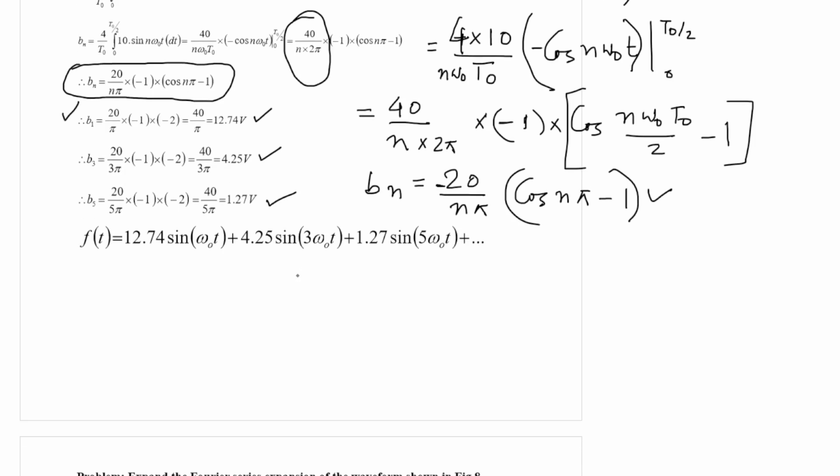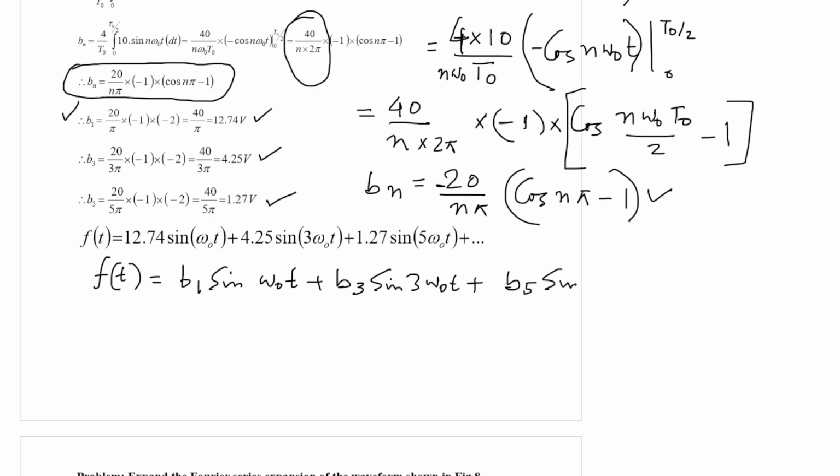So if you substitute these values respectively, you will get ft equal to b1 sine omega naught t plus b3 sine 3 omega naught t, b5 sine 5 omega naught t, and so on.